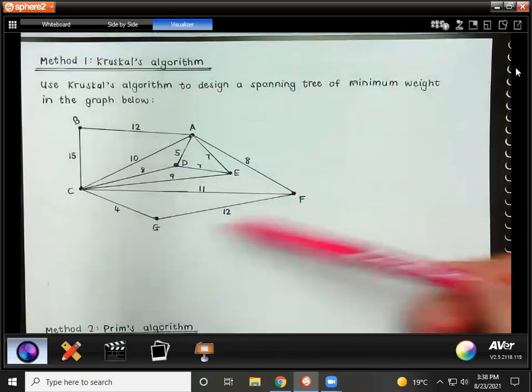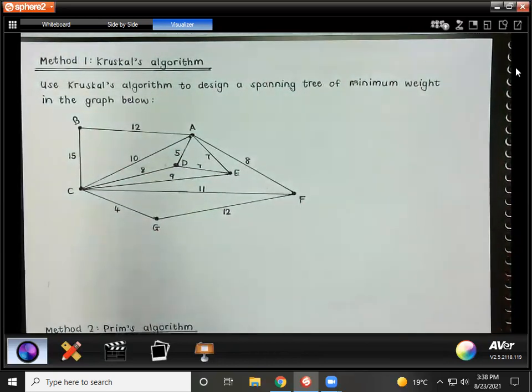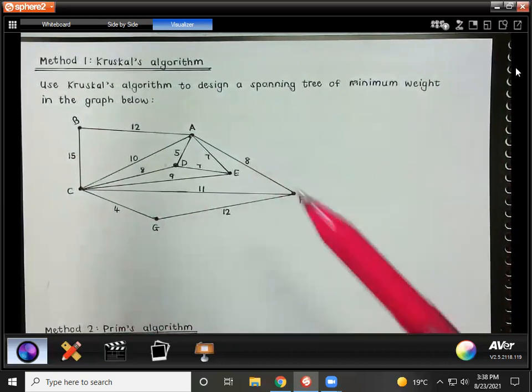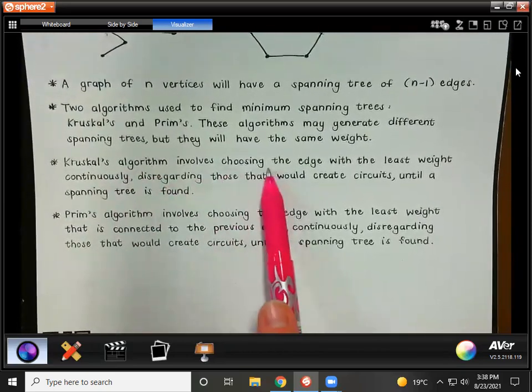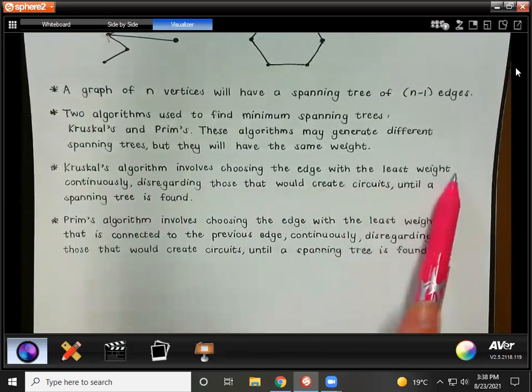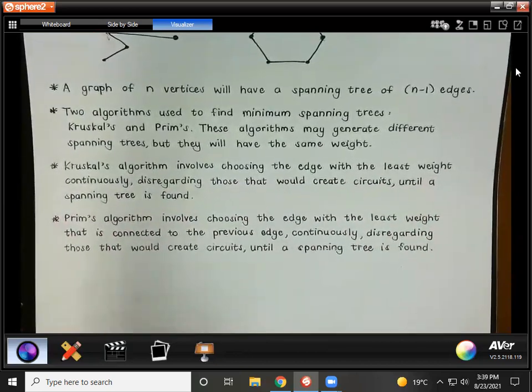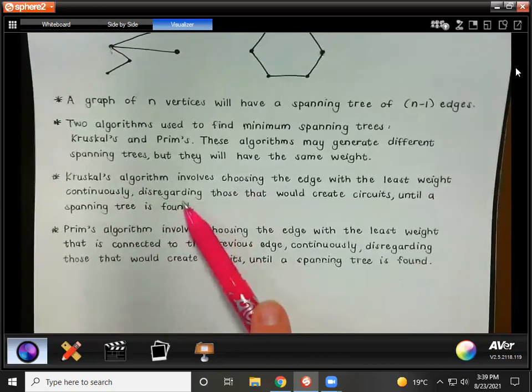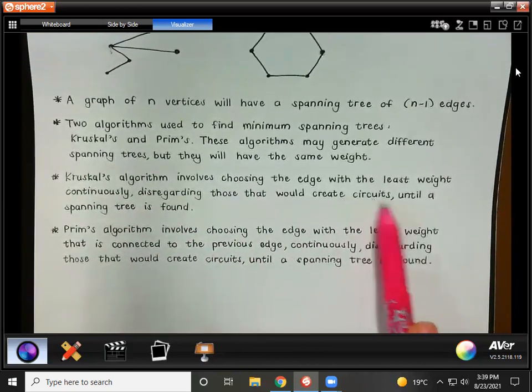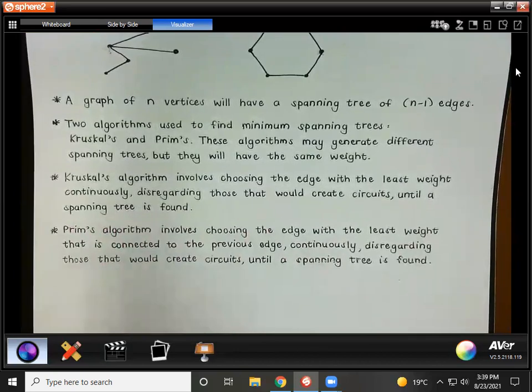It can be value of money for a ticket, or it can be length, or all sorts of things. So that's why I wrote in this paragraph, Kruskal's algorithm involves choosing the edge with the least weight, whatever that weight represents, the smallest number, continuously, disregarding those that would create circuits until a spanning tree is found.